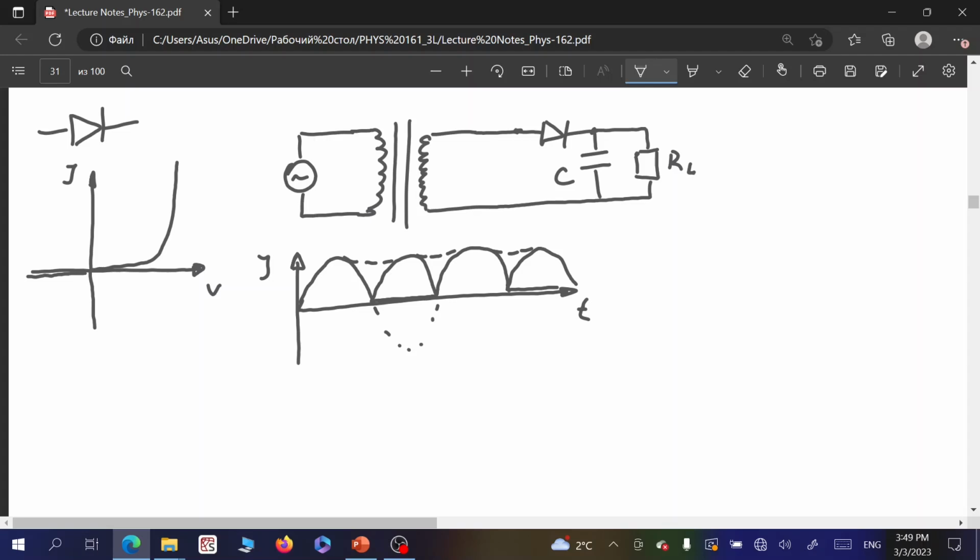So there is this power coefficient cosine phi. Ideally, it should be equal to unity. Then it will allow us to deliver maximum power to the AC electric circuit.